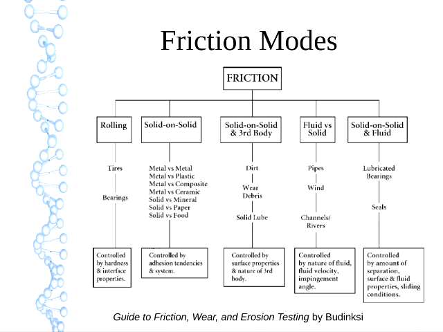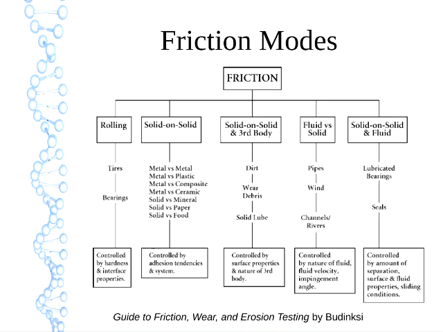Also then to get us into what are the different modes of friction, or where does friction come from. So in rolling, we'll briefly cover this. Rolling friction, from left to right, it's a type of friction. Where does it happen? A couple examples: tires and bearings. What are the important factors in deciding what the friction is? The hardness and interface properties.